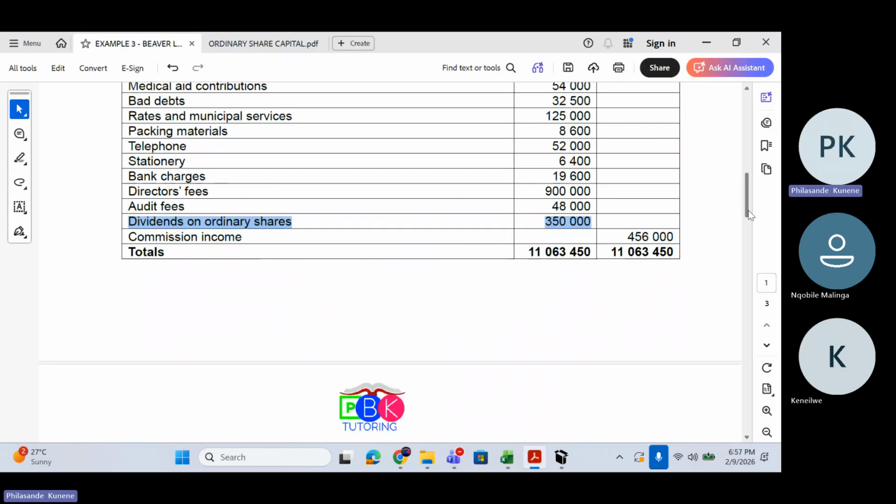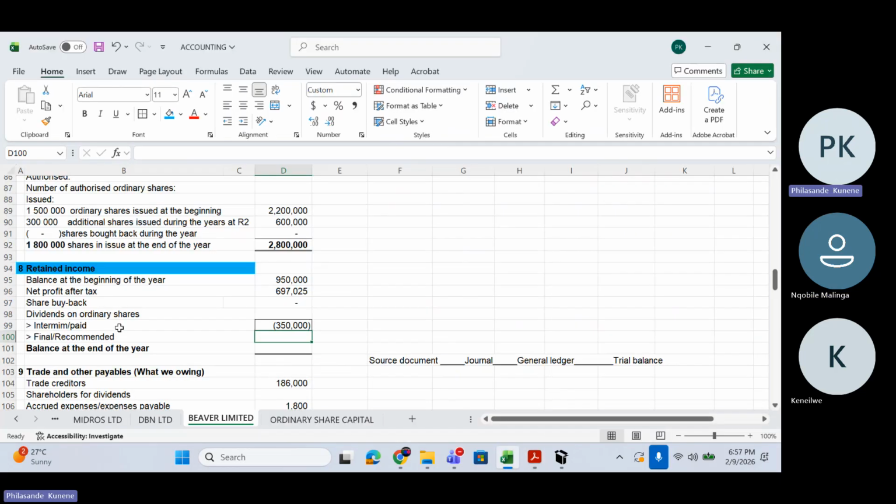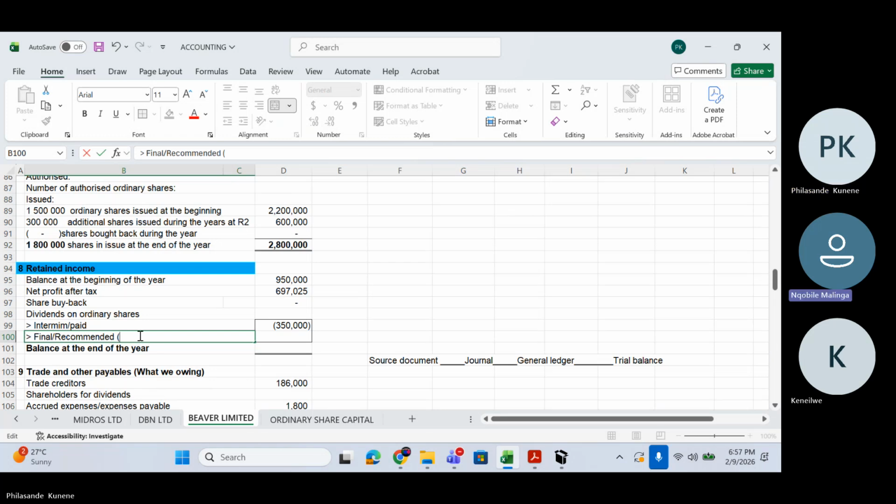So for the final dividends, they told us that the directors declared a final dividend of 20 cents per share. A total of 1.8 million shares were in issue on 1 March. So how are we going to calculate the final dividends? 360,000, very good. 360,000 because we're saying 1,800,000 multiplied by 0.20, or 20 over 100.